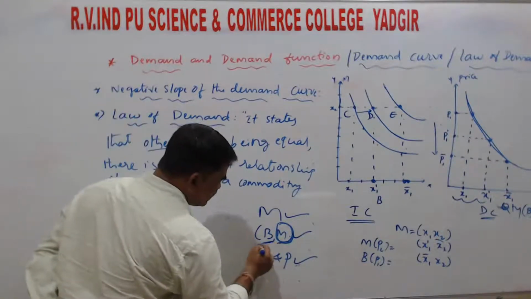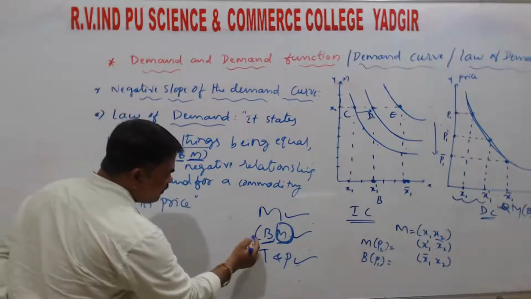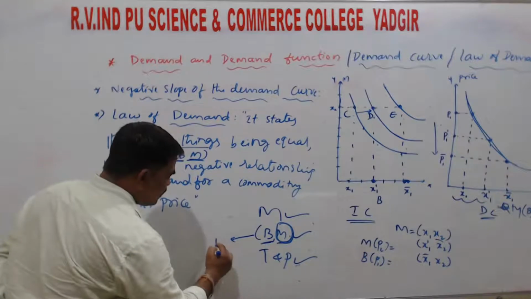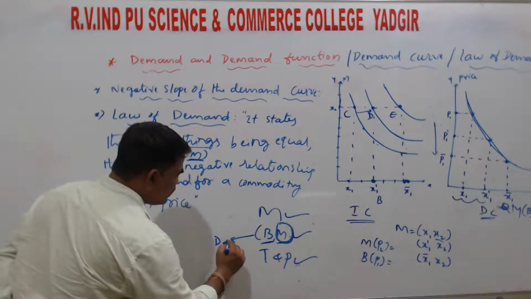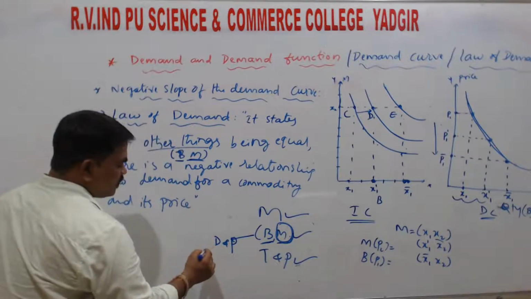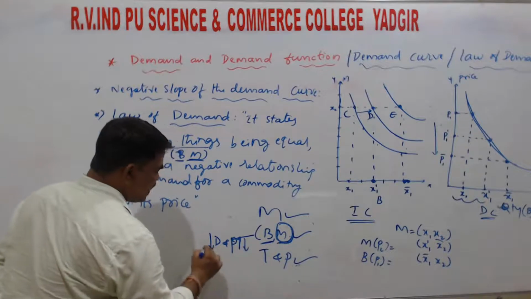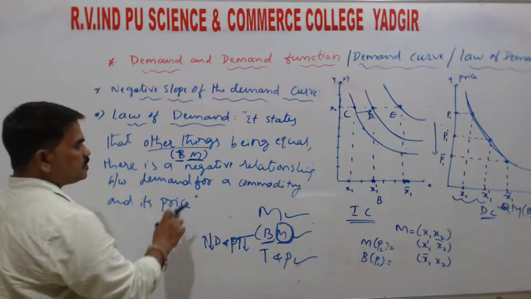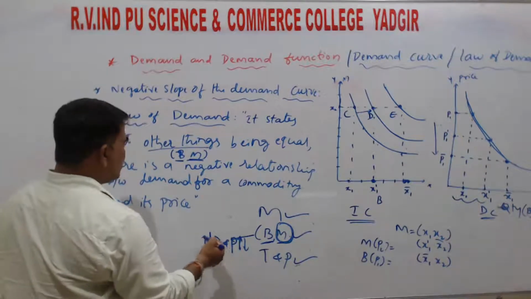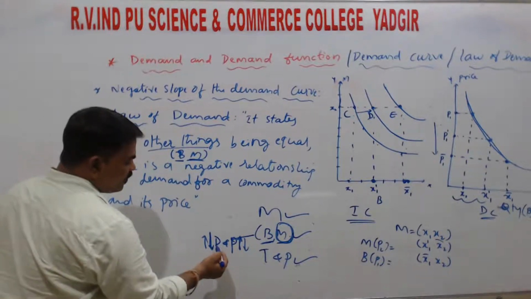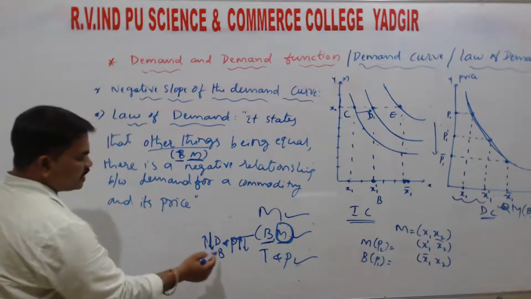If we take only this product, there is a negative relationship between the demand for this product and its price. If price increases, demand decreases. If price decreases, demand increases. There is a negative relationship between demand for this product, banana, and its price.